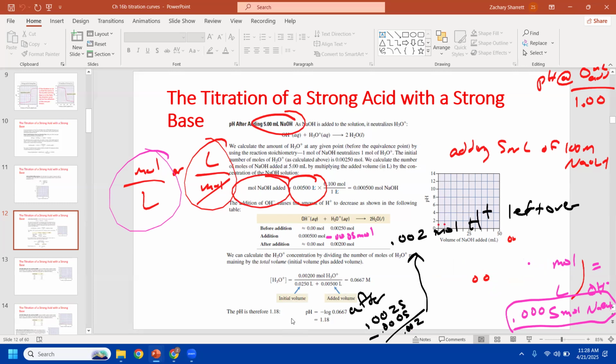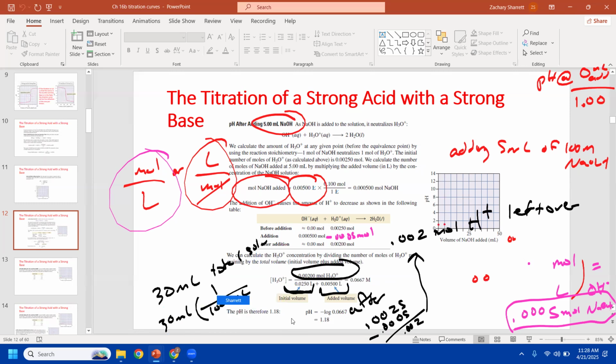We have to take those 0.002 moles and divide it by the 25 milliliters that was originally in there. But did we add 5 more milliliters of base? Yes, we did. So we now have 30 milliliters total solution. So we have to do 30 mils, 1,000 mils per liter. That is 0.0. Oh, that's one too many.